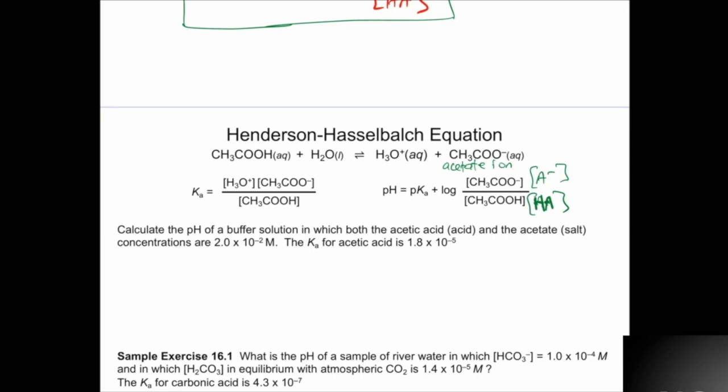We're told that that is 1.8 times 10 to the minus fifth. Now for our Henderson-Hasselbalch equation, we need the pKa. So how do we get pKa from the Ka? The negative log. So pKa is equal to the negative log of 1.8 times 10 to the minus fifth. What is that equal to? 4.74.